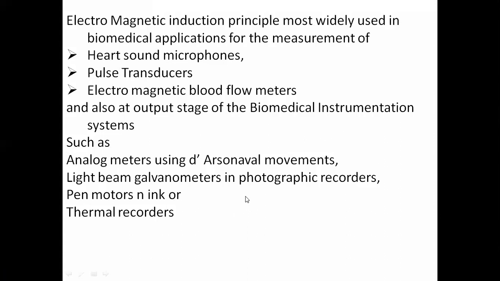In the output stage it is required to produce a permanent record, and for that purpose we have to use some recorders, which draw over a rotating object. Suppose we have a pen motor with ink. That pen motor will rotate and produce ink over the chart.